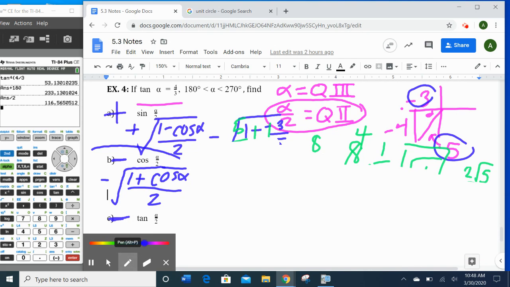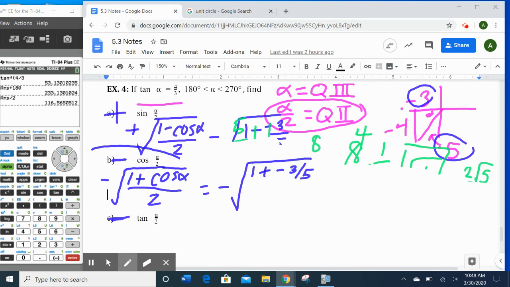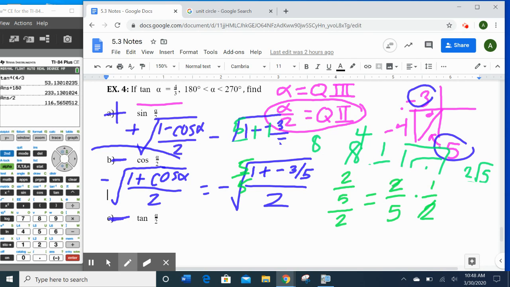Okay, so the cosine of alpha is still -3/5, so I'm taking negative square root of 1 plus negative 3/5, over 2. So 1 is still 5/5, but 5/5 plus a negative is 2/5, divided by 2, which is the same thing as 2/5 times a half. So those cancel and you get 1/5.